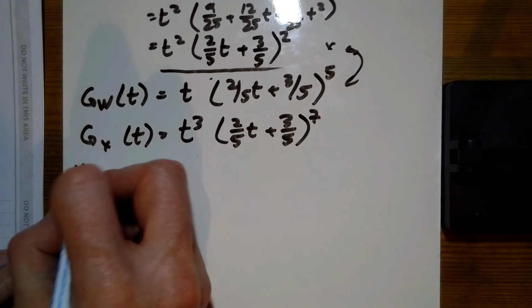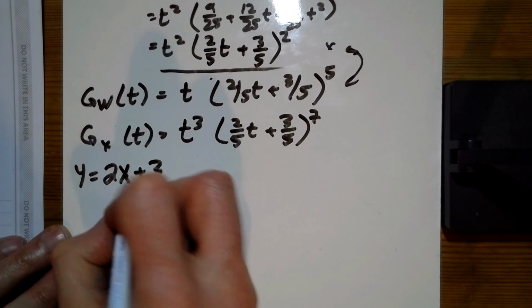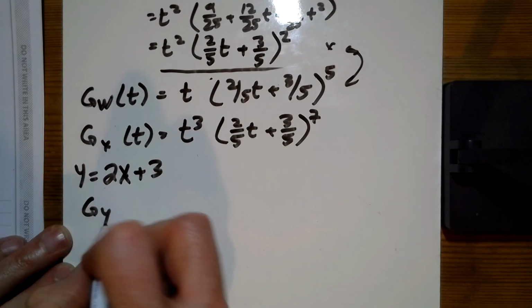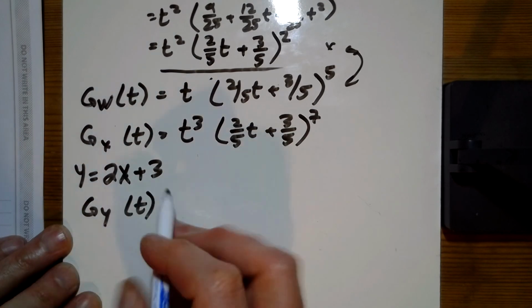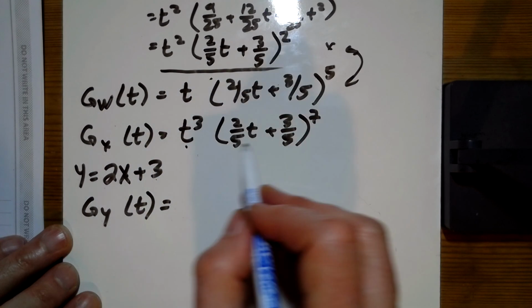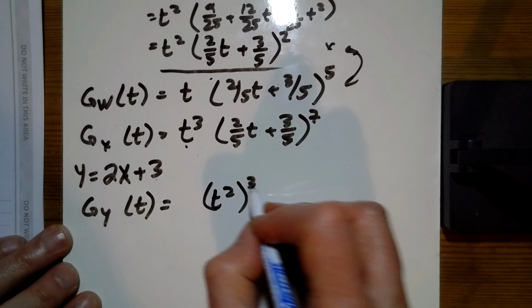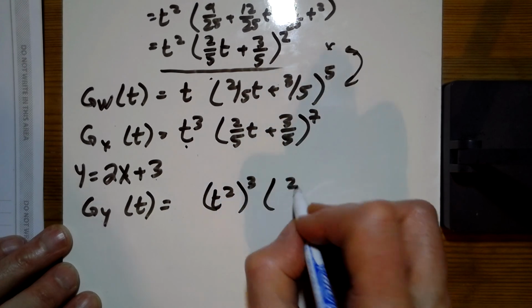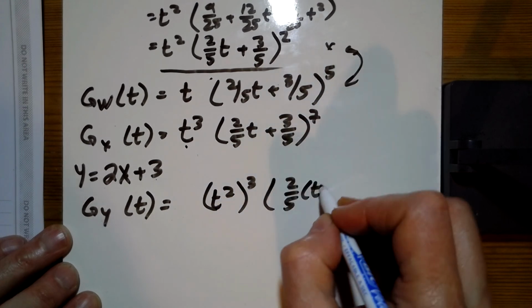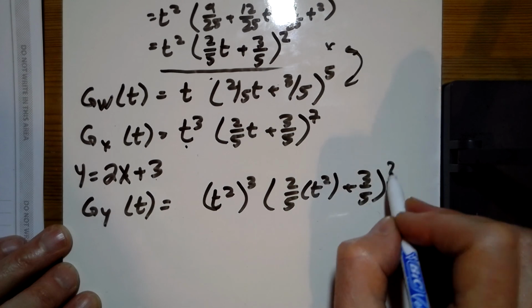And now we're going to go to Y. Now Y is 2X plus 3. So to do a generating function for Y, first of all, replace every t here with a t squared. So I've got t squared all cubed times by 2/5 of t squared plus 3/5 all to the power of 7.